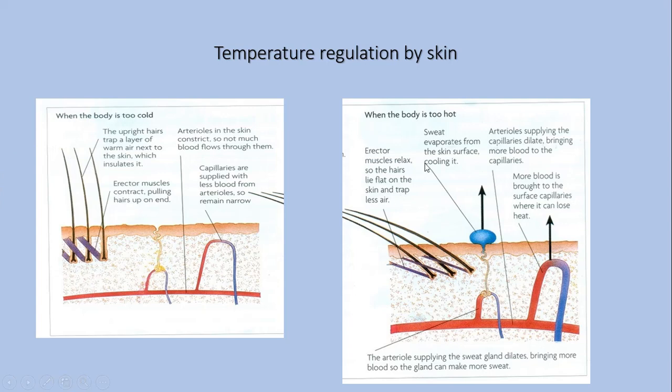Here is the mechanism when the body is too hot. Here the opposite takes place. The hairs here no need to become upright, because already the temperature inside is hot and the outside is hot, so the body is not losing heat to the surrounding environment.